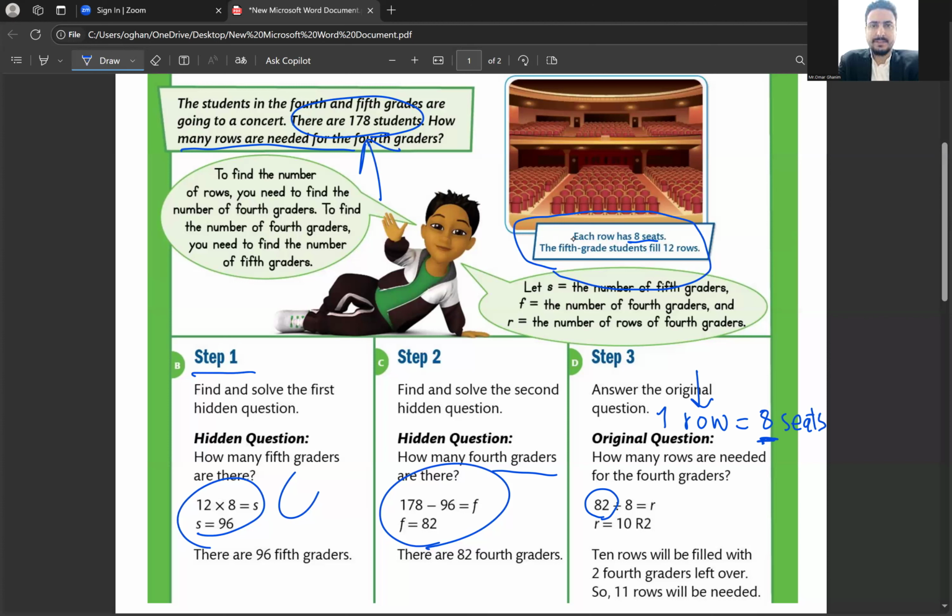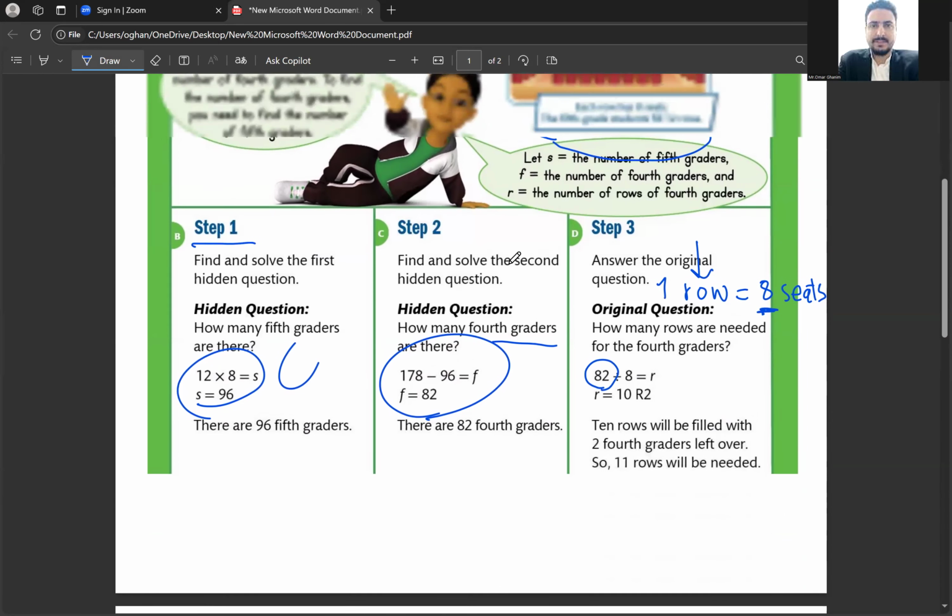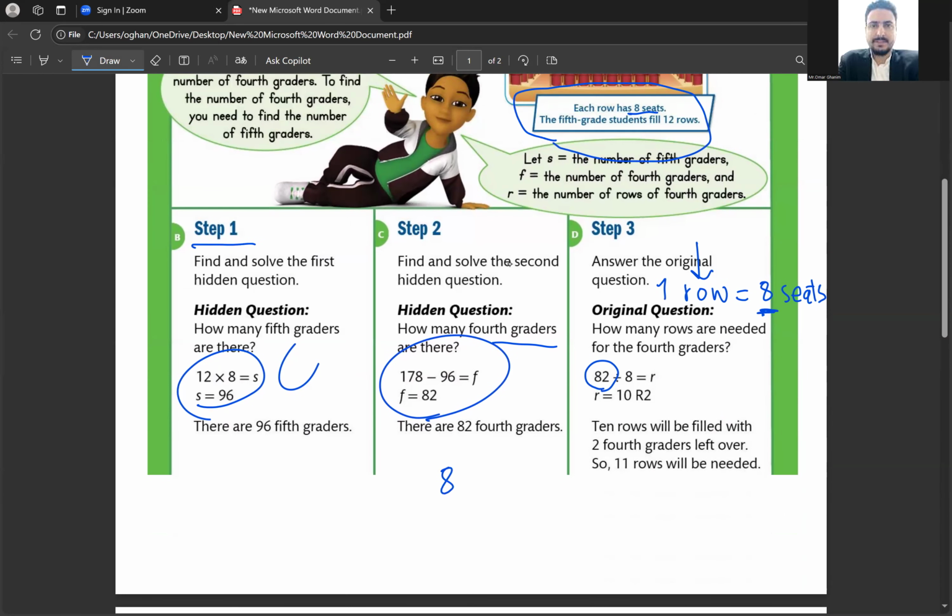So 82 divided by 8, let's divide that. 8 goes into 8 once, 8 minus 8 is 0, and there's 2 here, and 2 divided by 8, I can't, so I put 0 and then remainder 2.